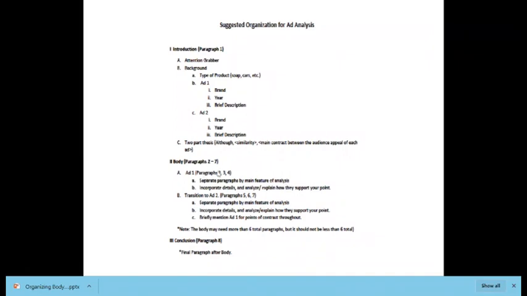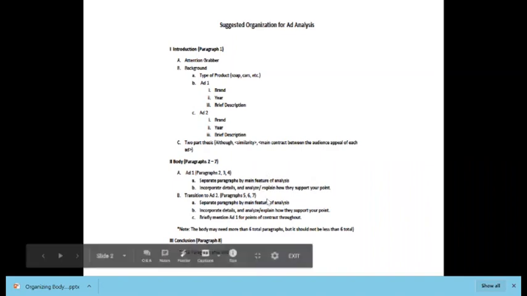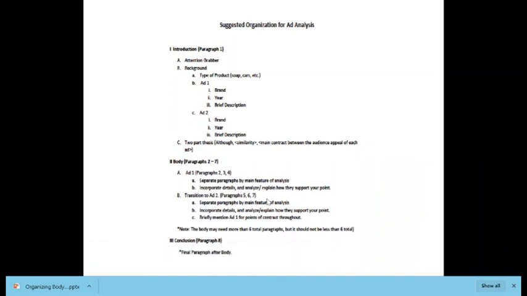And within each paragraph, you will have a series of details and analysis explanation to show why they support that particular reading or view, something that you might see written in a couple of places, the focusing adjective that you use in the topic sentence to set this whole thing up.